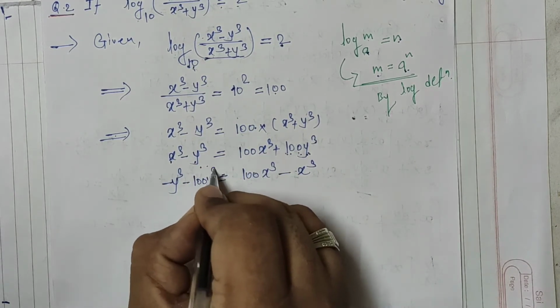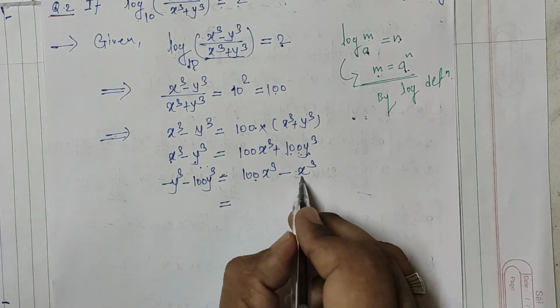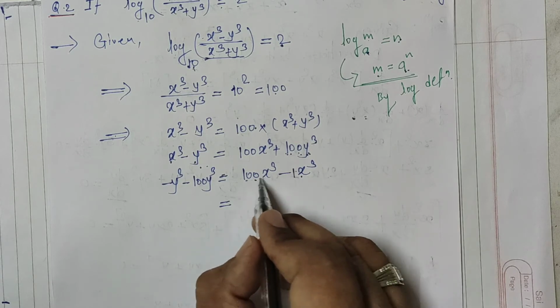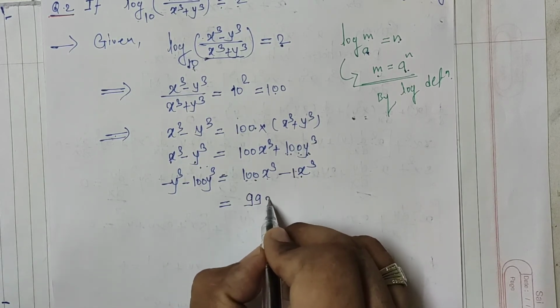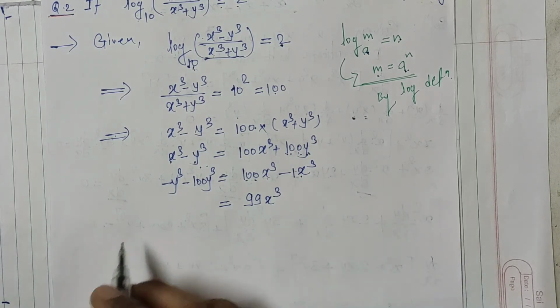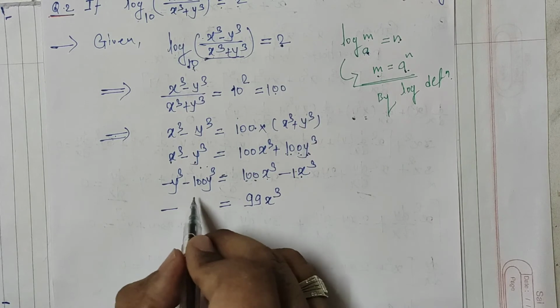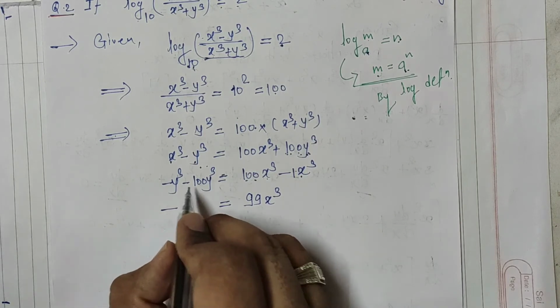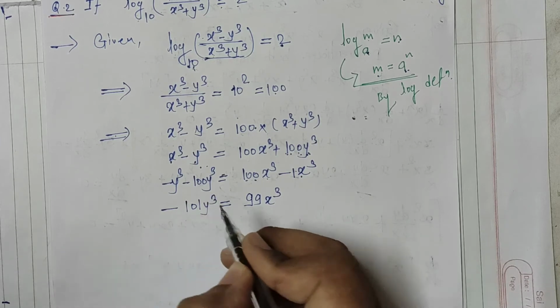So 100 y cube is equal to 100 x cube minus x cube. 100 x cube minus 1 x cube, we get 99 x cube. Here minus minus we get minus, but addition plus: y cube, 100 y cube, 101 y cube.